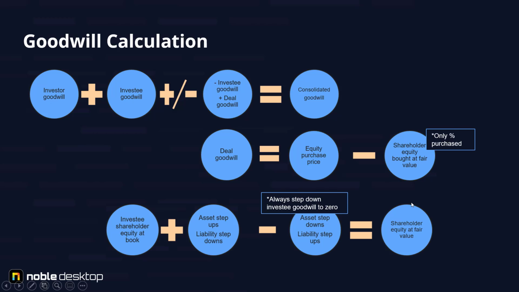Now, to calculate shareholder equity at fair value, we will take investee shareholder equity at book value, add asset step ups and liability step downs, and subtract asset step downs and liability step ups. And we always will step down investee's goodwill to 0.